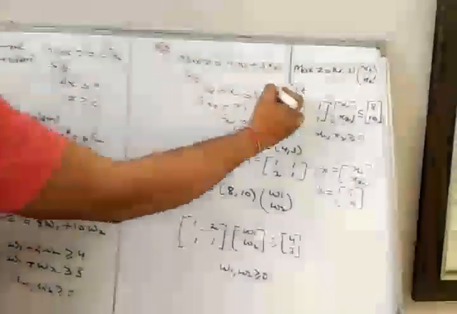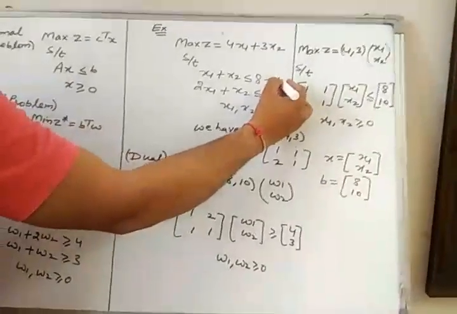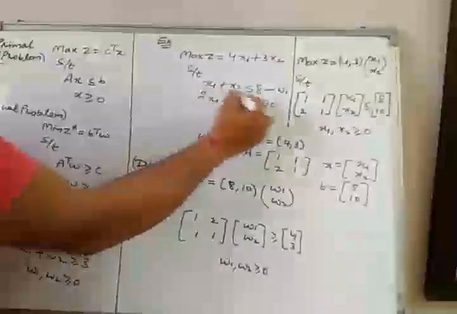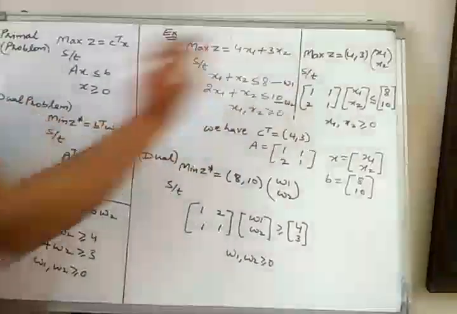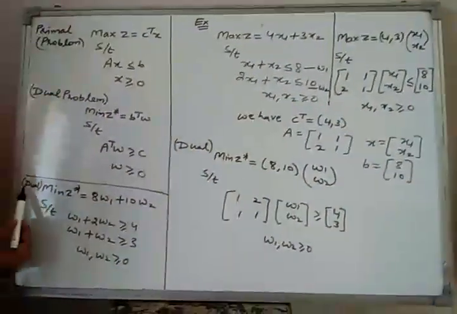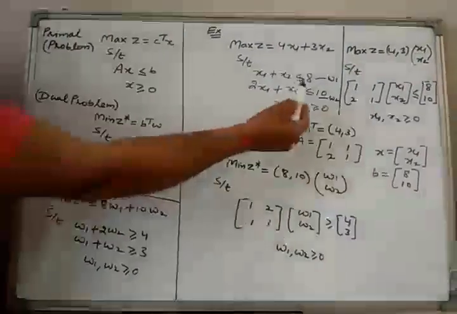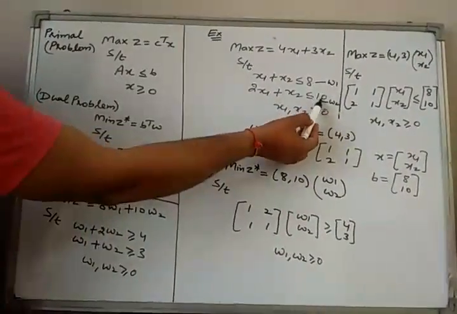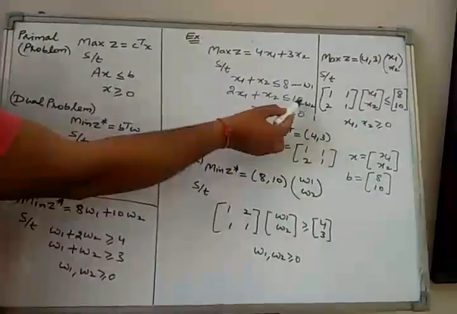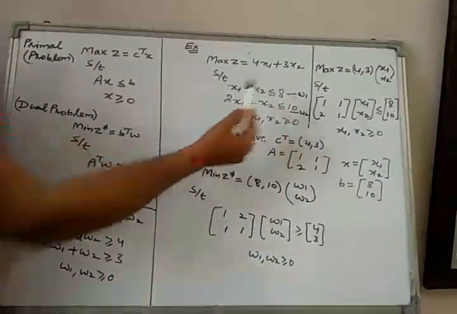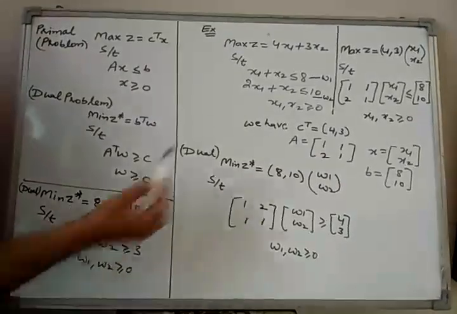Assume dual variable w1 corresponds to the first constraint and dual variable w2 corresponds to the second constraint. Then our dual becomes: minimize z star equal to 8w1 plus 10w2. That is, our right hand side becomes the cost coefficients in the dual problem.